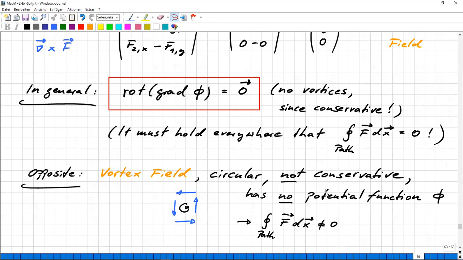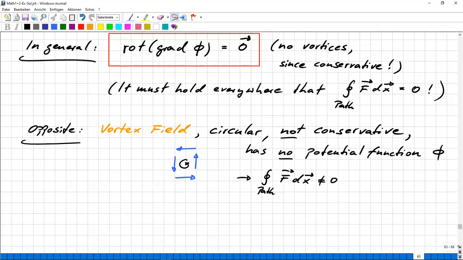So if you find a way to prove that a given vector field has no corresponding potential function, because it's simply impossible to find a consistent potential function for this vector field, you can be sure that this field is not conservative. Instead, it will be a pure vortex field, and its rotation will be non-zero. So this is quite the opposite case of this one, right? Okay.